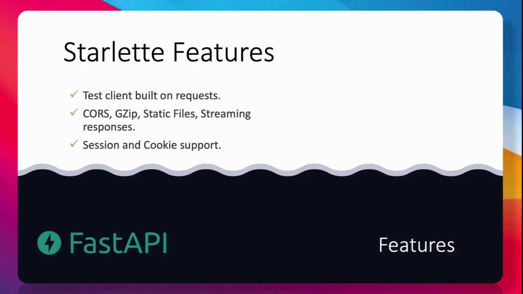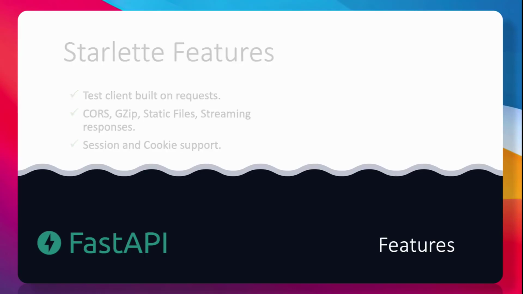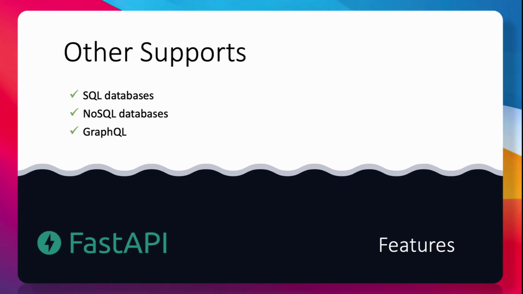Starlette has provided other features just like these, but everything is now available in FastAPI. No need to learn any other thing. If you have previous knowledge of Starlette, that will be amazing. Next, there is also support for SQL databases, NoSQL databases, and GraphQL. So you can see FastAPI is really a package of a full web framework.